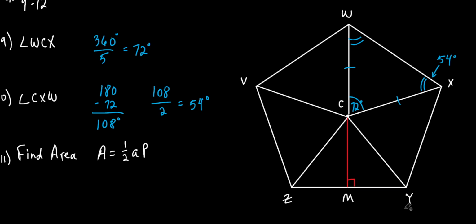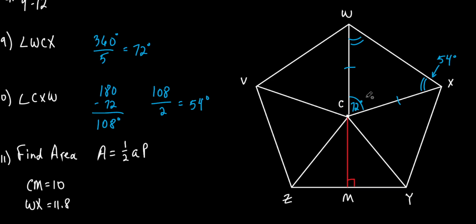Now, I don't know any lengths here, so they tell you a couple things. They tell you that CM is equal to 10. We're going to look at that in a second after I write this next thing down. And WX is 11.8. WX equals 11.8. All right, so let's put those on our picture.